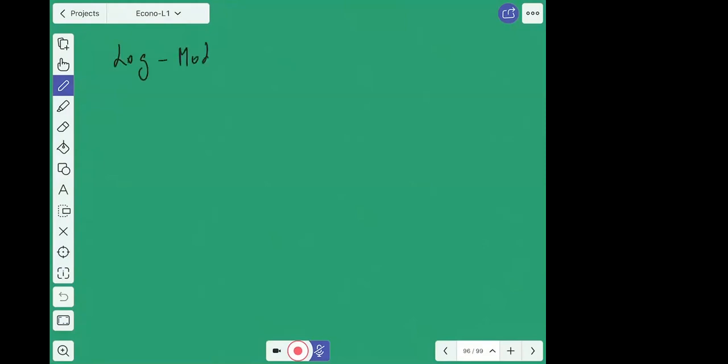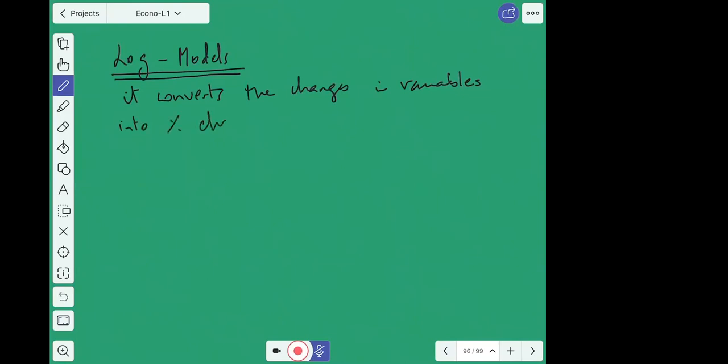So log models, the main use of it is that it converts the changes in variables into percentage change, I'm going to write it this way, percentage change.